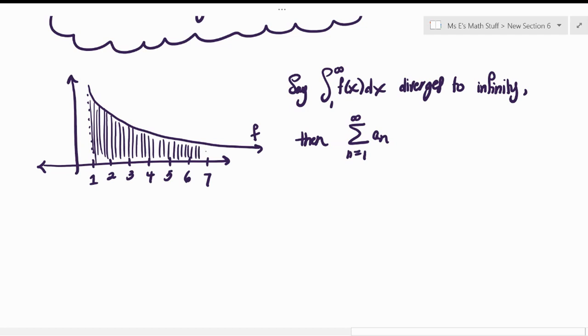If that area adds up to infinity, now let's look at what the sum as n goes from 1 to infinity of a sub n means.